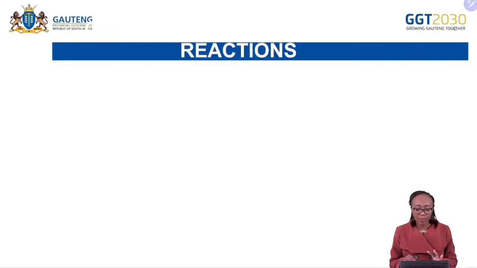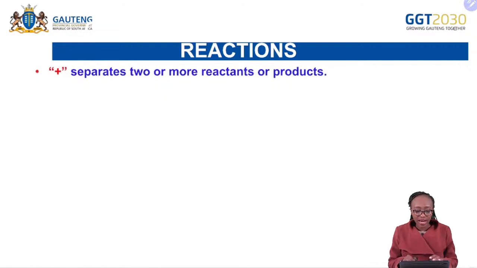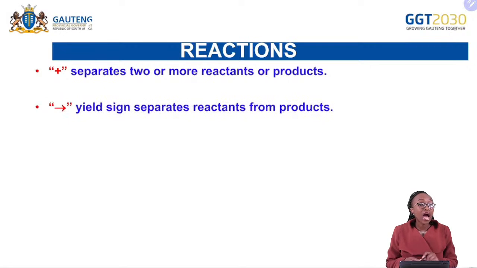So now let's talk about reactions. In a reaction we have a plus sign that we usually write in a chemical reaction. The plus separates two or more reactants. And then remember the arrow? The arrow is telling us that we are yielding, we are producing, and that arrow separates reactants and products.